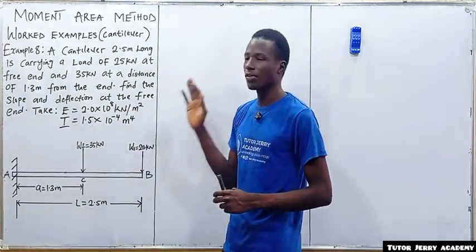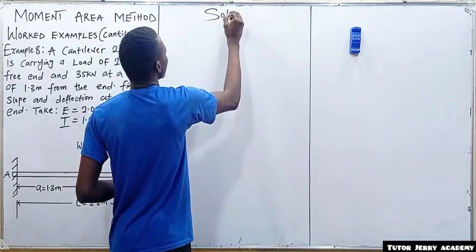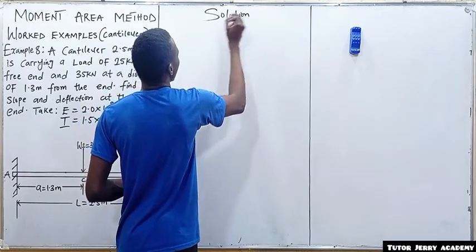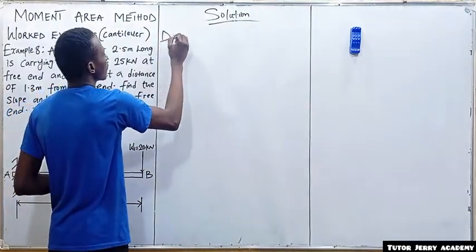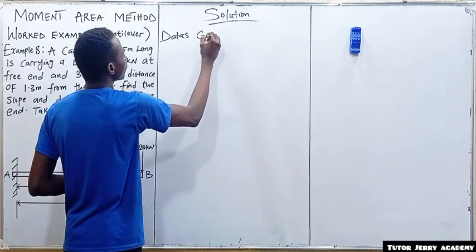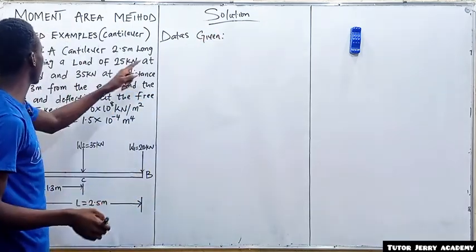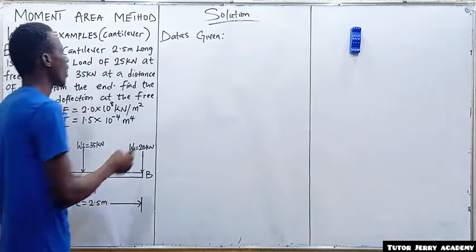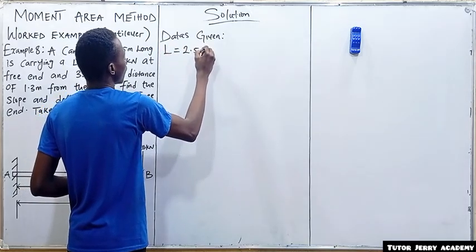All right, so let's solve this question. The first thing we are going to do is bring out our data. So we say data given. First we have the length of the cantilever, which is 2.5 meters, so we say L is equal to 2.5 meters.